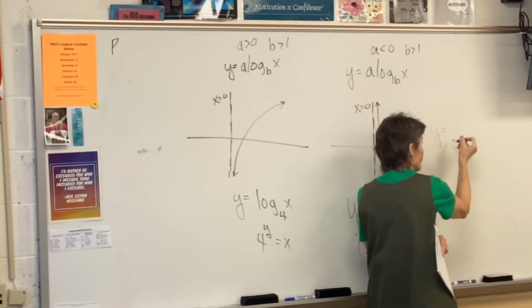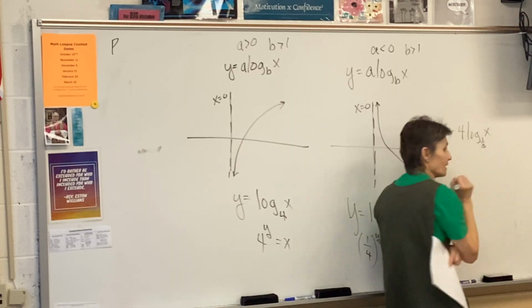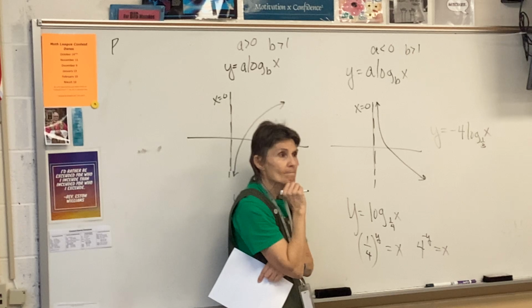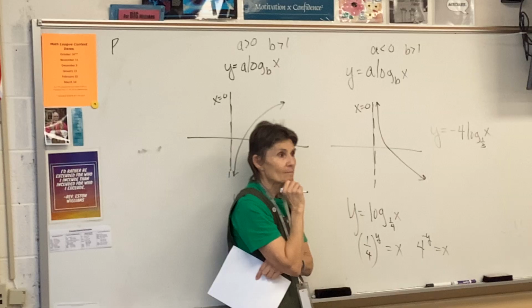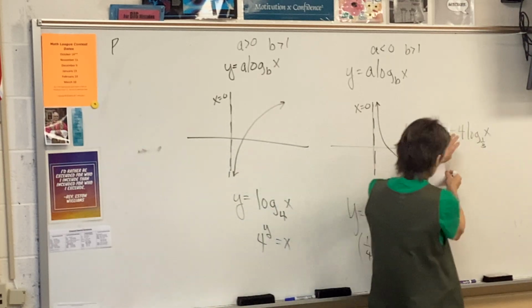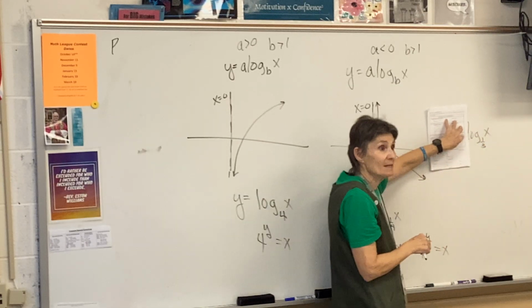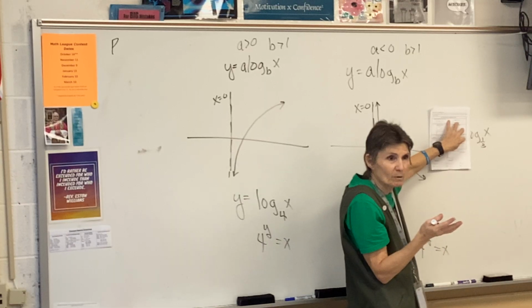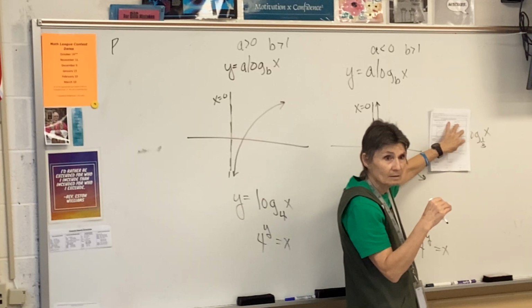So what if we had something like this? What if we had y equals -4 log base 1/3 of x? What's that going to look like, Charlie? Is it going to flip over the y-axis, or is it... no, is that not? Let's just think about it for a second. Forget this for a second. What did we just say? Making b less than 1 is like making the exponent negative, so that flips us across the x-axis.